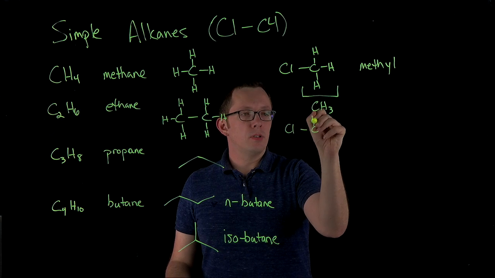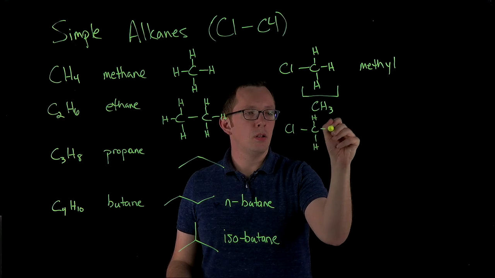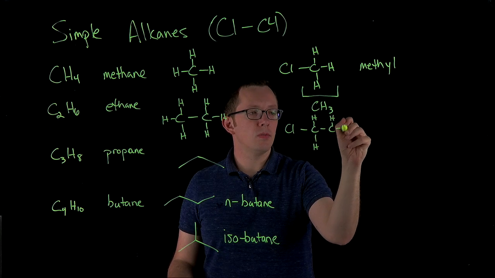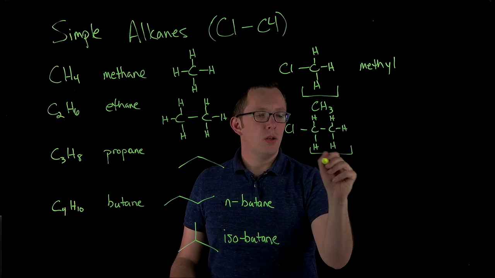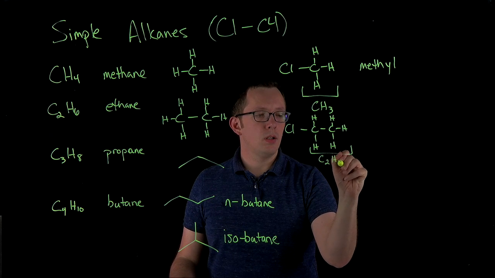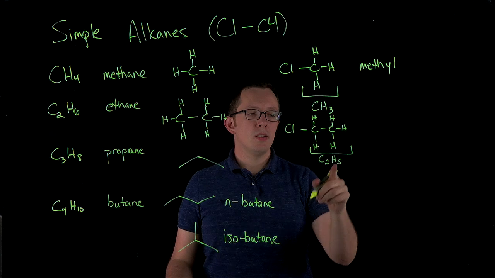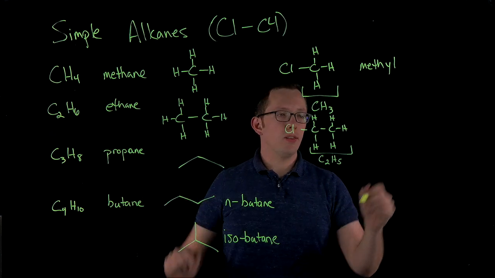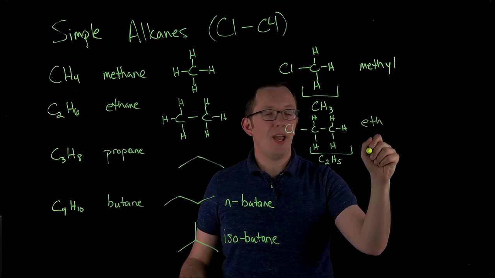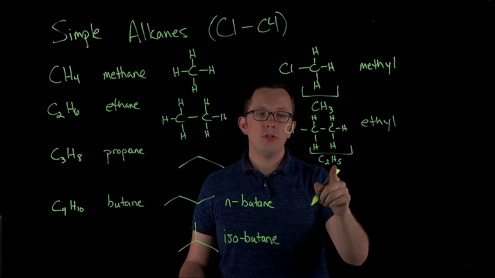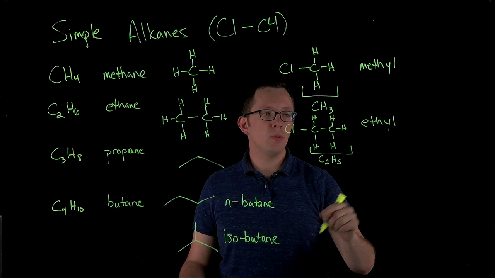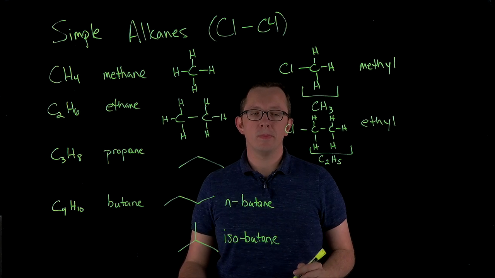So now we have a 2-carbon substituent, or side chain. So here we have C2H5. Again, take ethane, get rid of the ANE ending, and add a YL. So a 2-carbon side chain or substituent we're going to call an ethyl group.